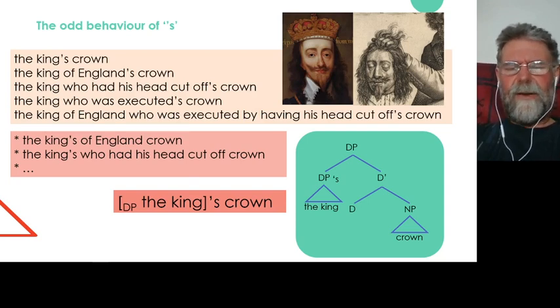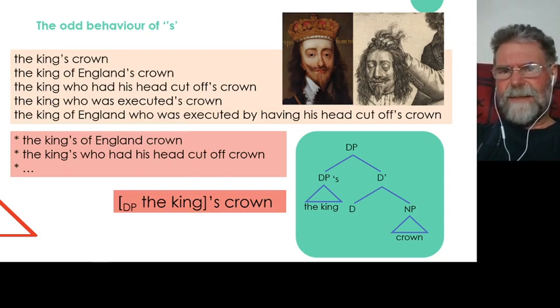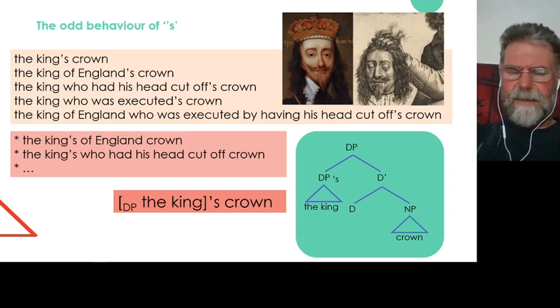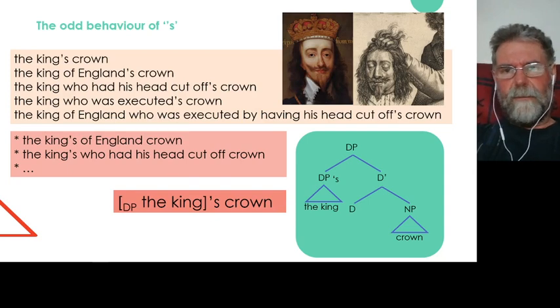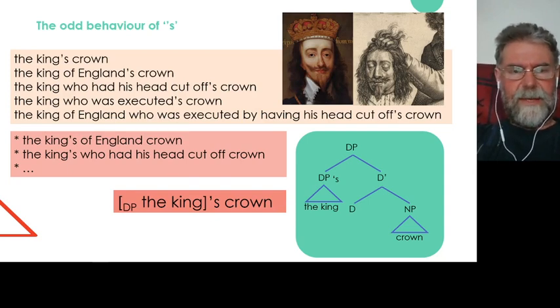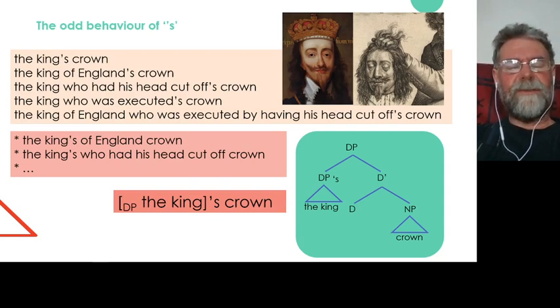Now, that's very odd, and it's certainly very odd for a case morpheme. Case morphemes are things that attach themselves to nouns in most languages, not to phrases. And obviously, the whole idea of a phrasal morpheme is a bit of an odd thing, because morphemes are usually seen to be things which are parts of words, not parts of phrases.